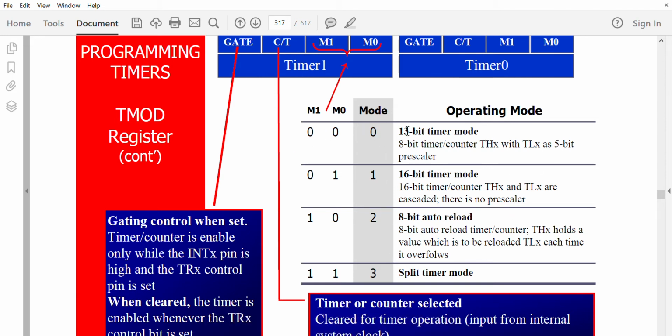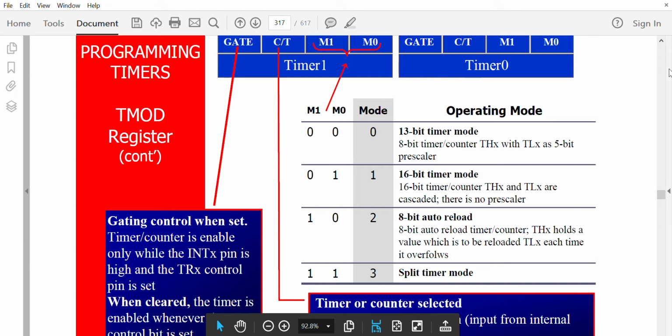If it's in mode 0, it will act as a 13-bit timer. If it's in mode 1, it will act as a 16-bit timer. Mode 2 acts as an 8-bit auto reload. Mode 3 is the split timer mode.